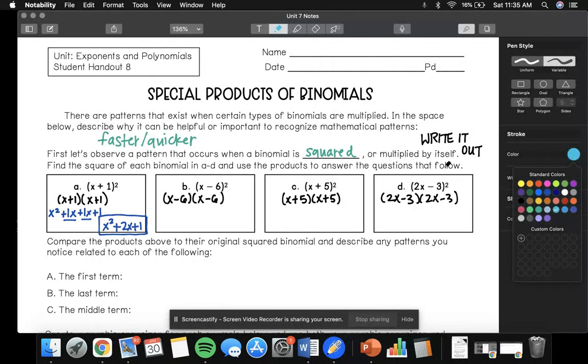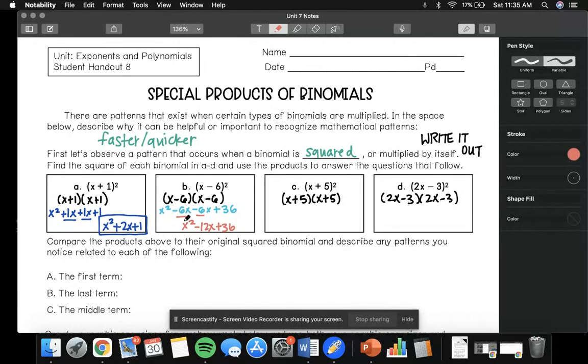For the next one, we're going to do x times x times negative 6. Now we have negative 6 times x, and negative 6 times negative 6. So simplified, we have x squared minus 12x plus 36.